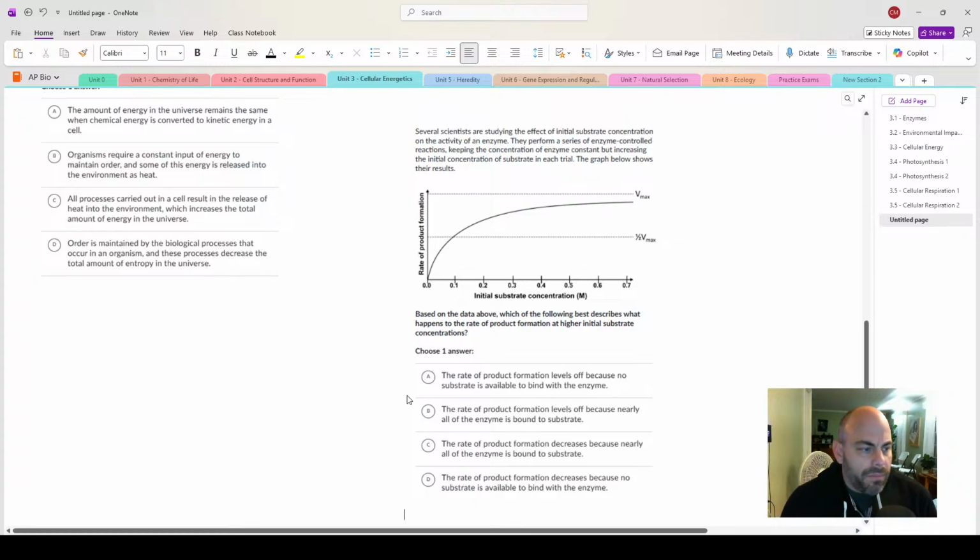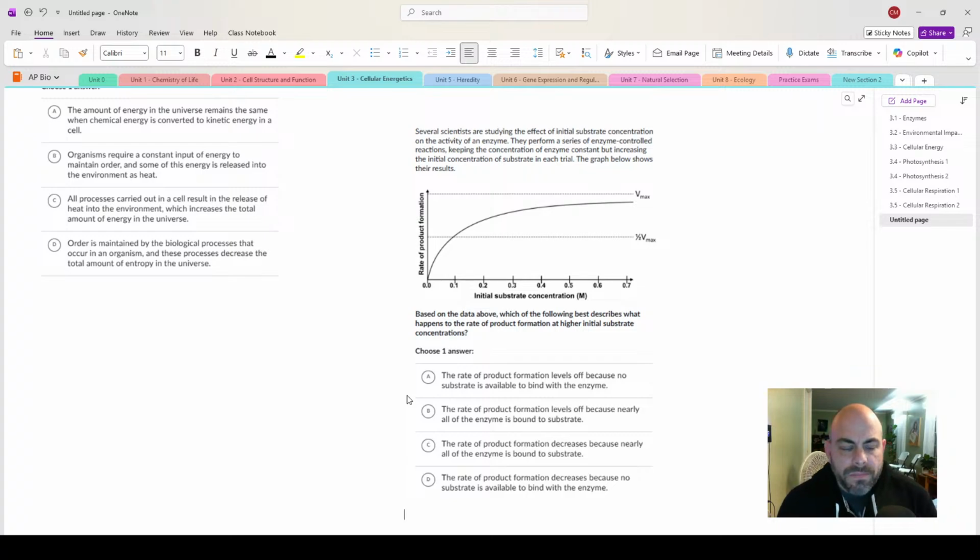Okay, here we go. Several scientists are studying the effect of initial substrate concentration on the activity of an enzyme. They perform a series of enzyme-controlled reactions, keeping the concentration of enzyme constant, but increasing the initial concentration of the substrate in each trial. The graph below shows the results.